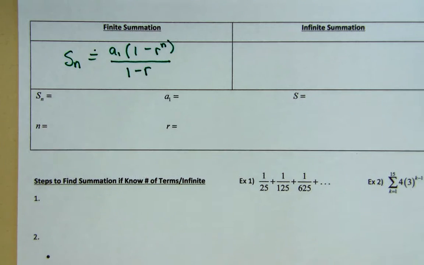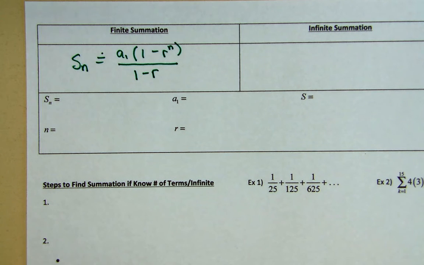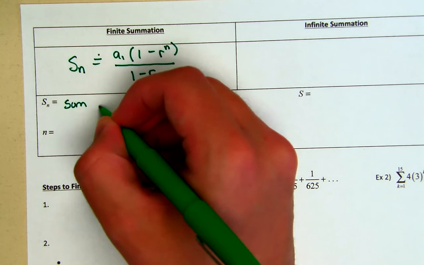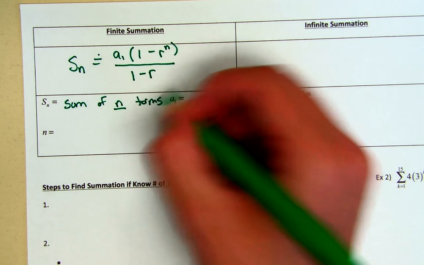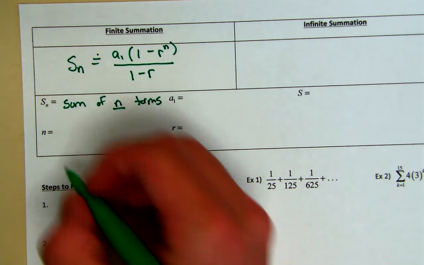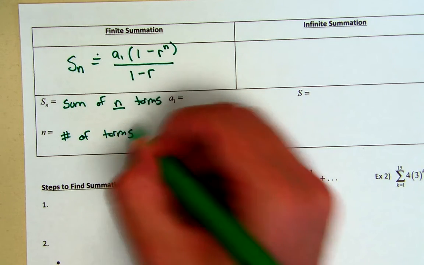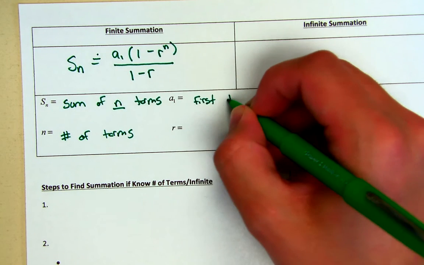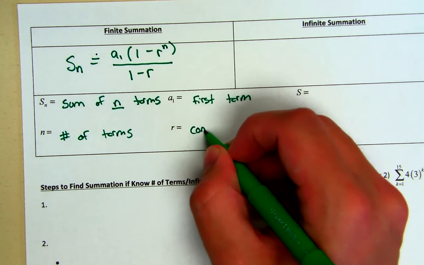When you do these in your calculator, you have to be very careful as to how you enter them. Alright, so Sn stands for the sum of n terms. n stands for the number of terms. a1, of course, is your first term. r is your common ratio.